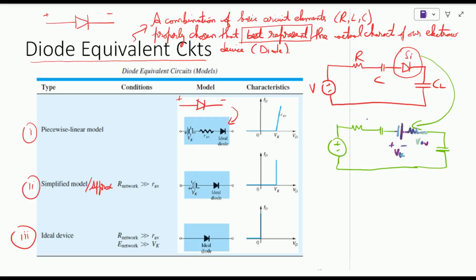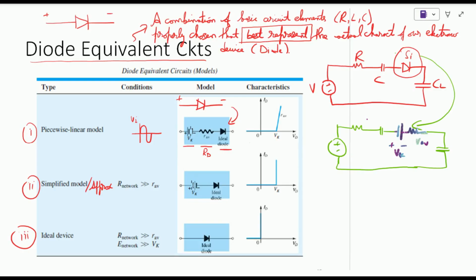Theoretically, our circuit will have V of k followed by a resistor that we can find as its average AC resistor, because average AC means that the input signal is obviously a sinusoid. So that's why we have used an average AC. If this is a DC signal, then our resistor will be RD, and then we represent it with an ideal diode symbol. So its behavior will be something like this.